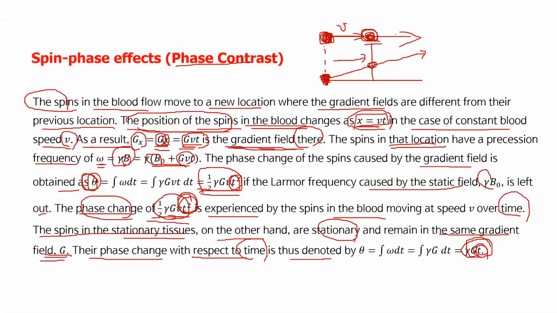The phase change for the spins in the flowing blood is given as this one. So the phase change depends on t square, but for the spins in the stationary tissue, the phase change depends just on t. So there's a difference between flowing blood and stationary tissue.